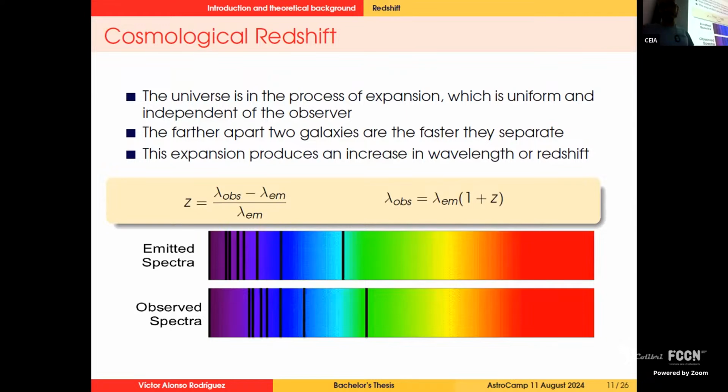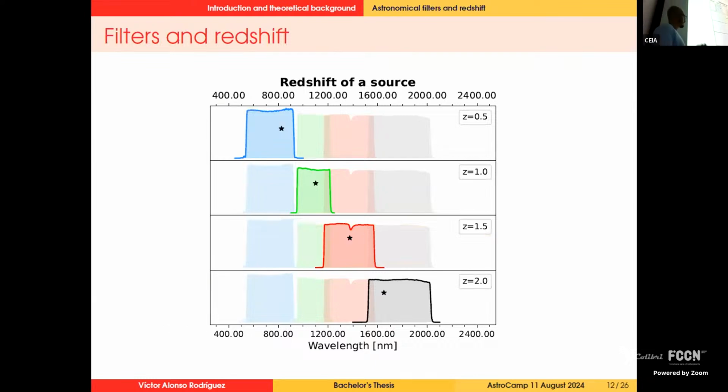And this is produced in this spectra. For example, we have the emitted spectra, and we will observe this spectra. So these are the absorption bands, and we know that this will be shifted to the greater wavelength. And this is very important, because we measure all the galaxies with different filters.